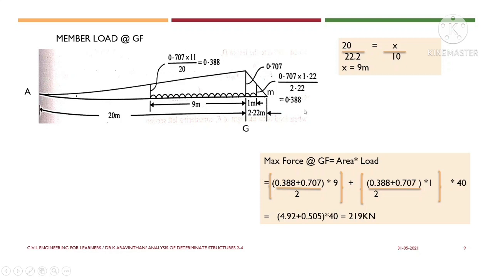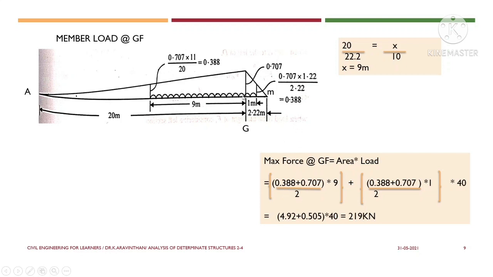So you are getting the same value of 0.388, and after getting the area, you have to substitute in this formula. The formula is area into load. You got the area as trapezoid, first trapezoid and second trapezoid, and you just have to substitute the ordinates. So A is 0.388 and B is 0.707. So A plus B divided by 2 into L.